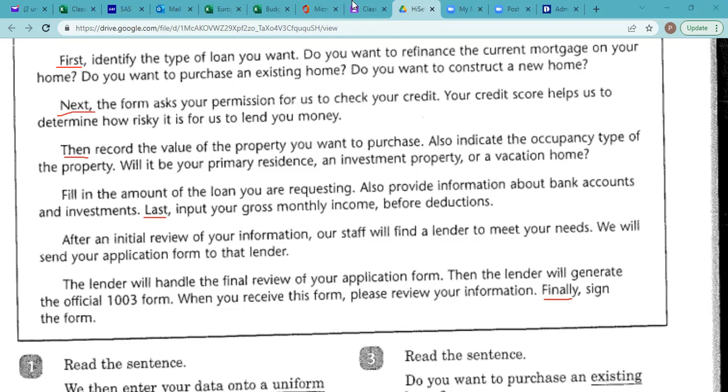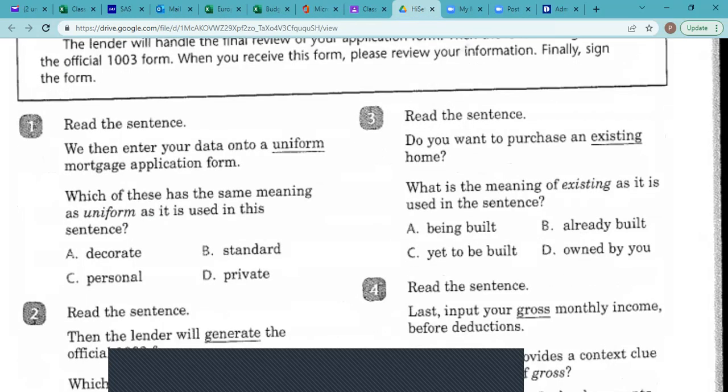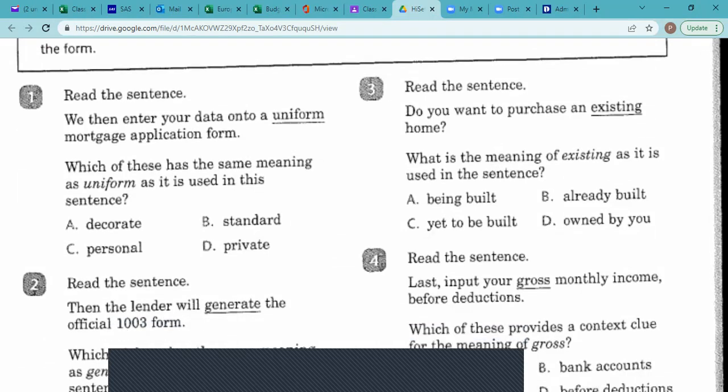All right, so let's go to our questions. Number one, read the sentence: We then enter your data onto a uniform mortgage application form.